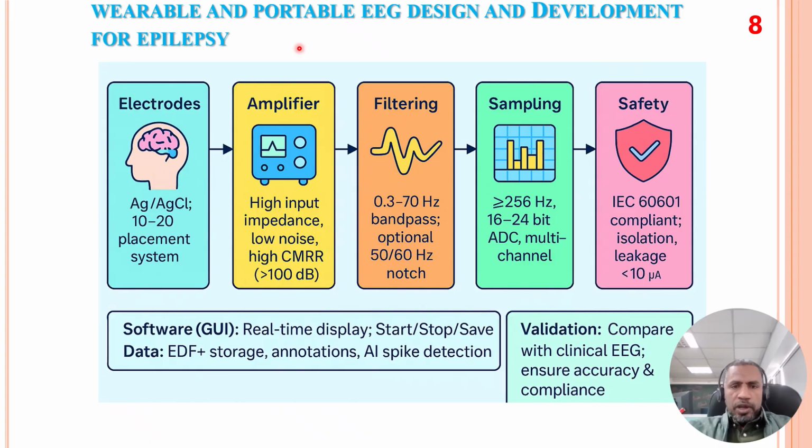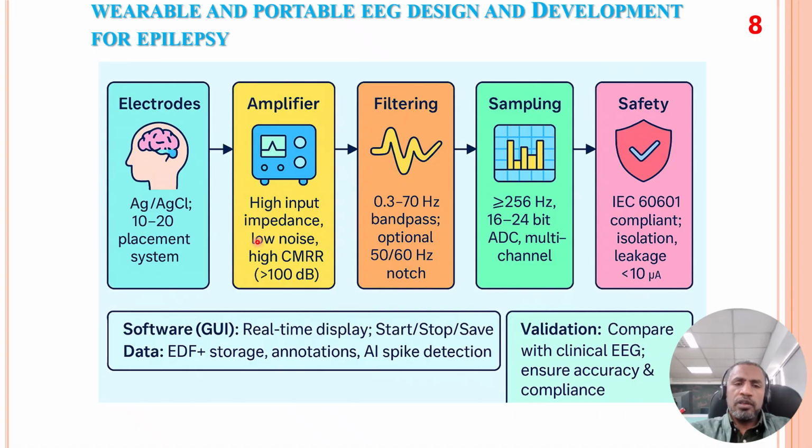How to develop and design a wearable and portable EEG. This EEG should have electrodes. These electrodes contain silver coated with silver chloride, and follow the 10-20 electrode placement system. After electrodes, you need to design the amplifier.